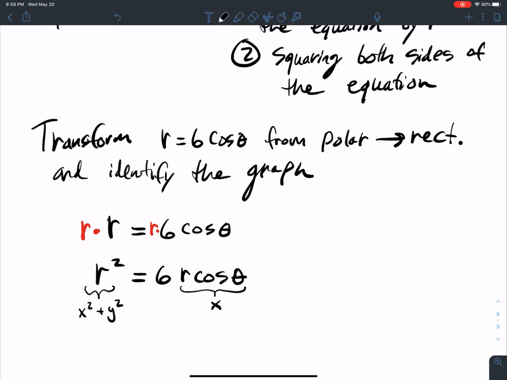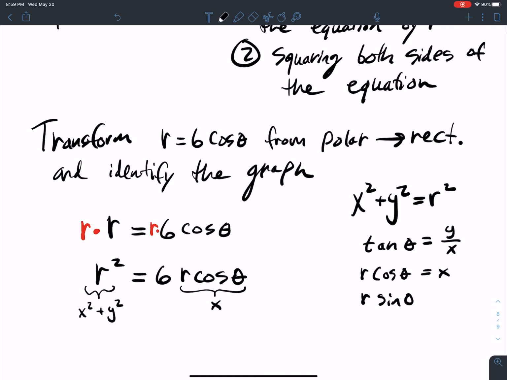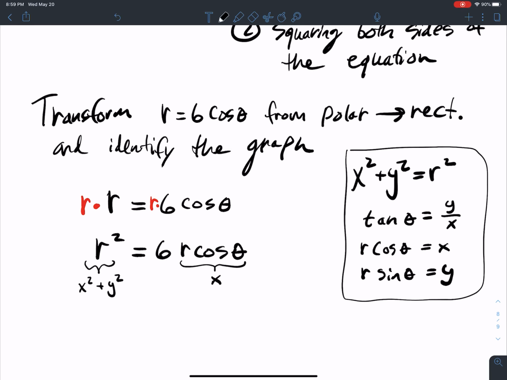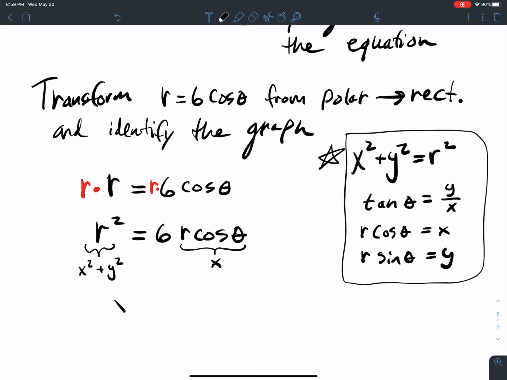You know that tangent of theta equals y over x, and that r cosine theta equals x and r sine theta equals y. Those are little tricks you've got up your sleeve. So now this becomes x squared plus y squared equals 6x.